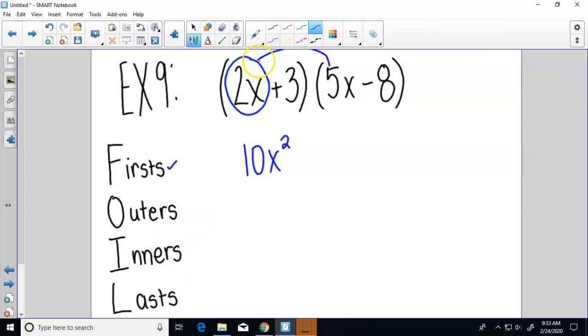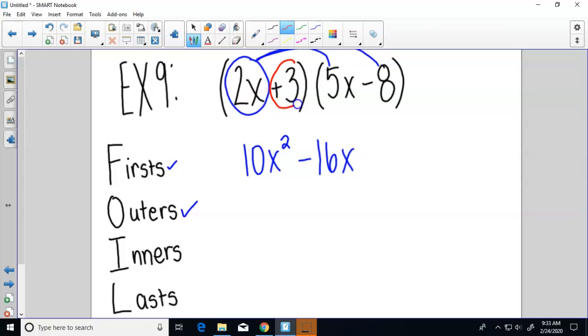So outers. If we take the outside terms, they are 2x and 8. That's what we were going to do anyway, just distributed, right? So 2x and negative 8, and that's going to give us negative 16x. So we've taken care of the outers. Then we would multiply the inner terms.